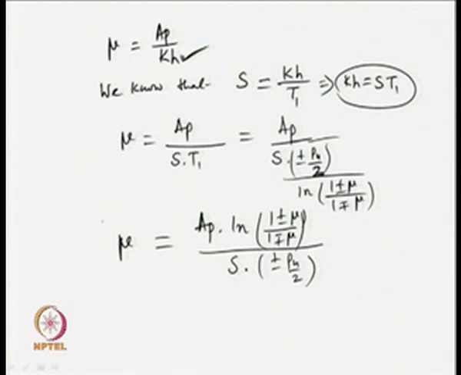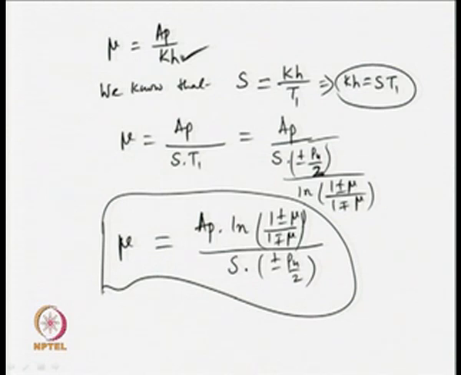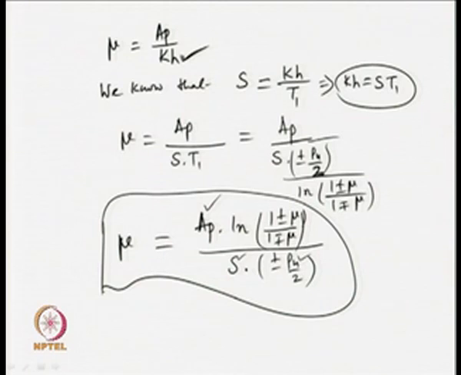So, this is an important expression for us, because if you look carefully, then you can see AP is measured, S is measured, then pu is also measured. So, from the measurement on the output, we get information about AP, S and pu. Therefore, in this expression there is only one unknown, mu.